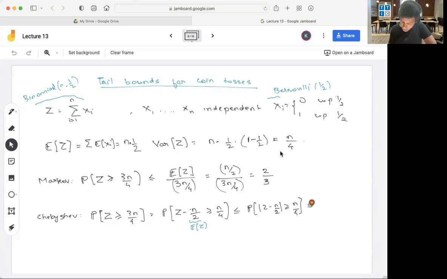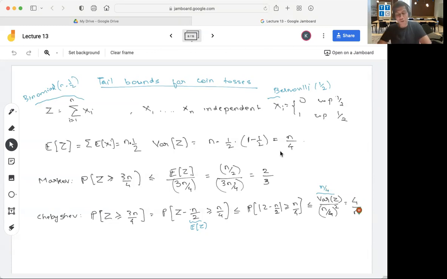And by Chebyshev's inequality, we will get that this is less than or equal to the variance of z divided by the amount of deviation whole squared. The variance of z is n/4, so one of these n/4s cancels, and we get 4/n.